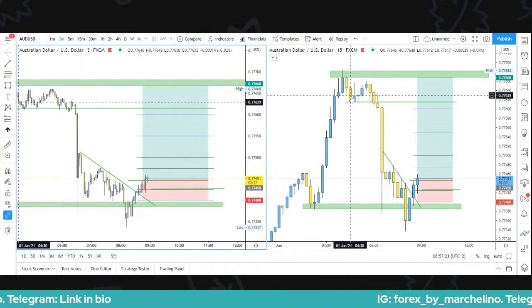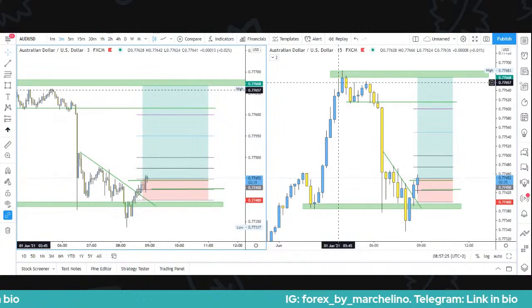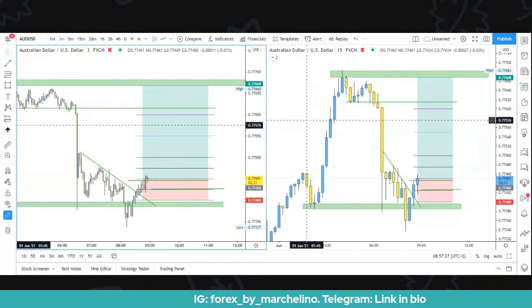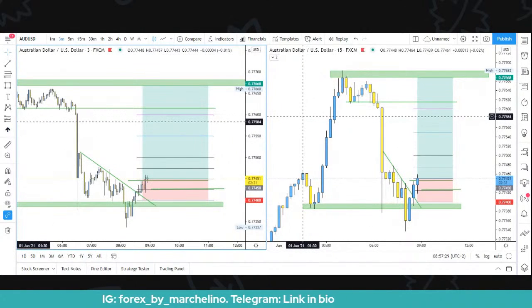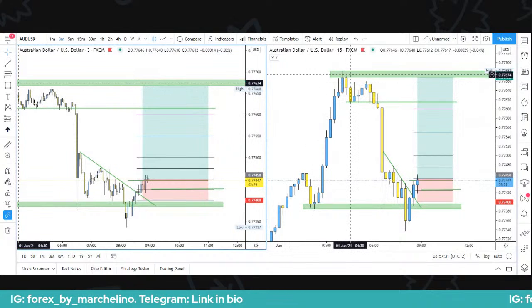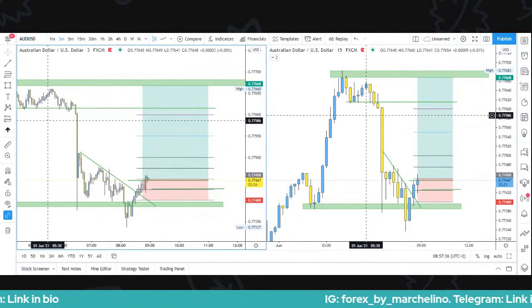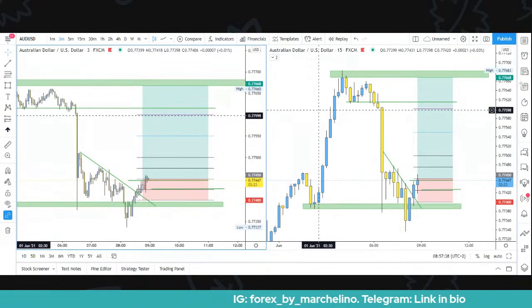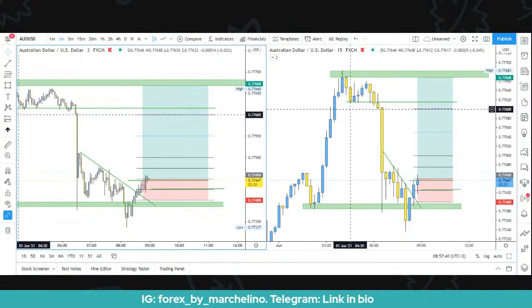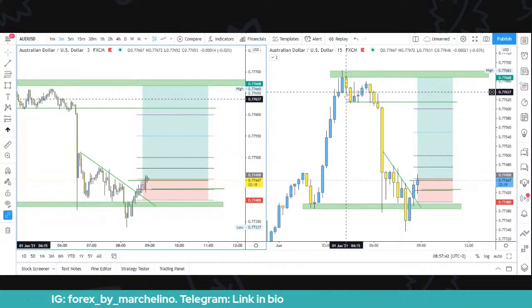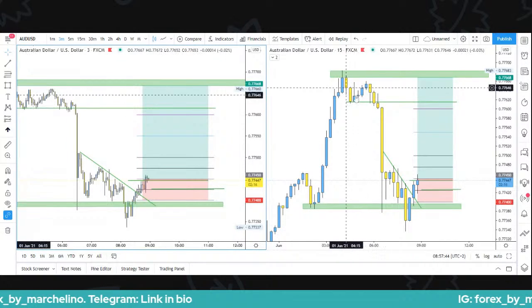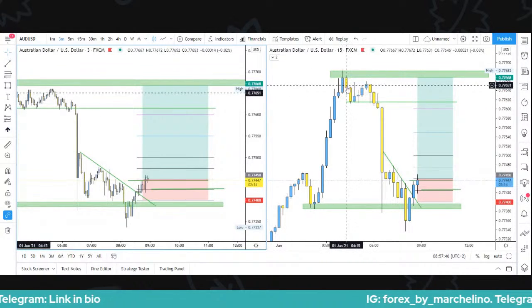We then have 1, 2 bearish candles, which doesn't seem necessarily like a correction, because a correction will come in the form of small bodies, multiple wicks, things like that. So if you look at this, it was decent bearish bodied candles.